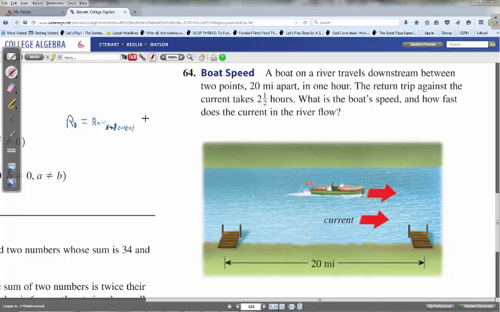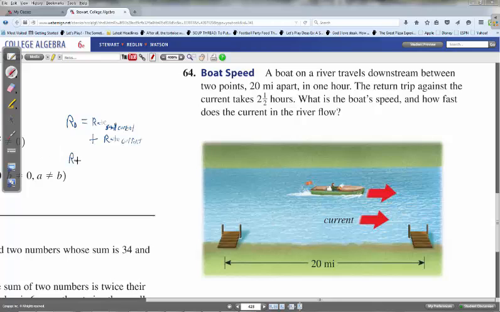So whether you're a plane or a boat, the rate that the boat or plane would go if the current was completely still, no forward or backward movement, plus the rate of the current. So if you're in a rowboat on a river that's flowing 5 miles an hour, and you're rowing at what would normally be, say, 4 miles per hour, well, if you're going downstream, your overall rate would be 9 miles per hour.